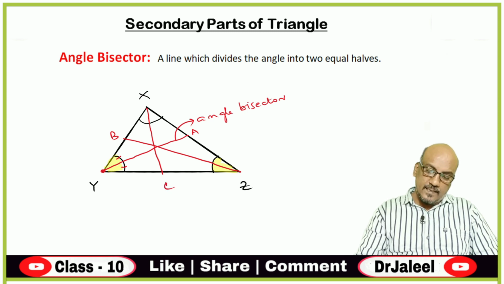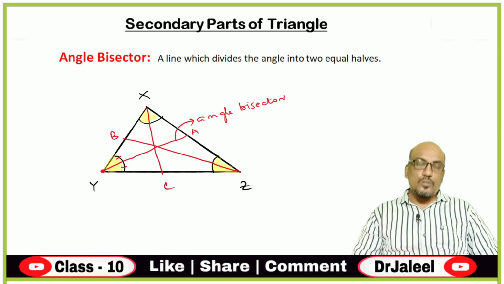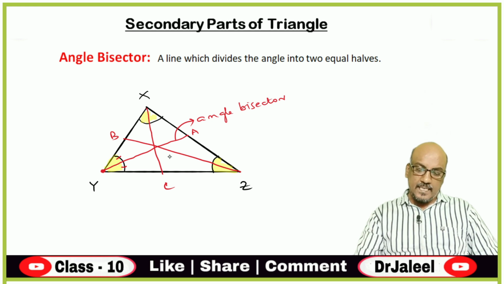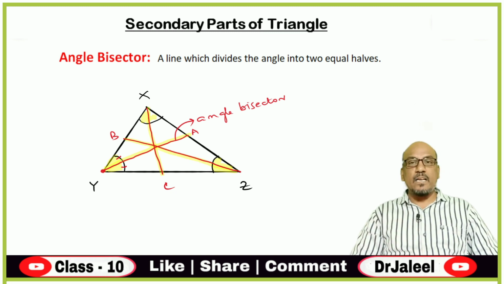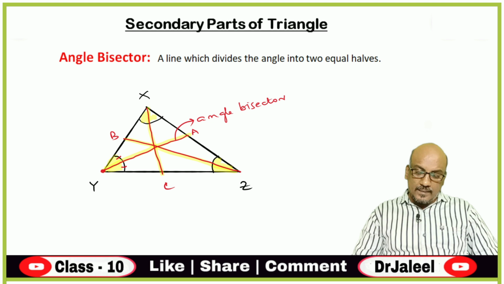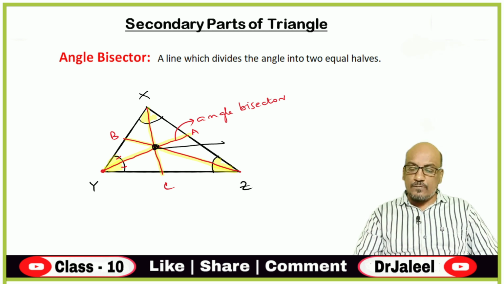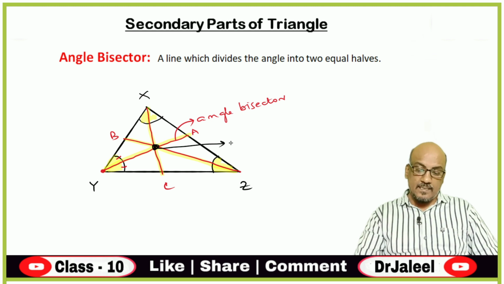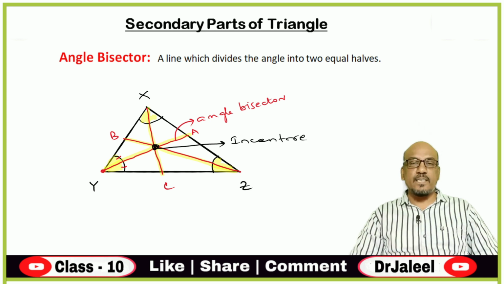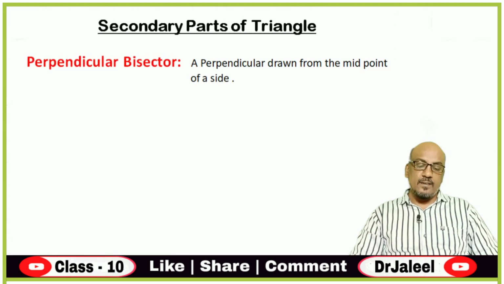Let us take this as C. So here these XC, YA and BZ are called angle bisectors. So all these angle bisectors are concurrent, and this point of concurrence of angle bisectors is called incenter. Incenter.